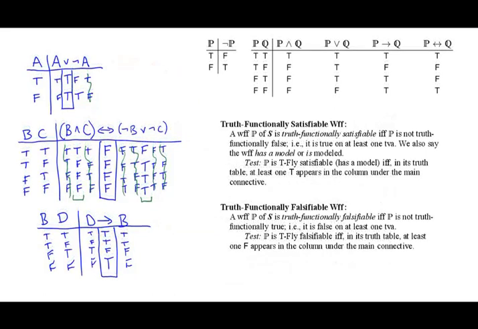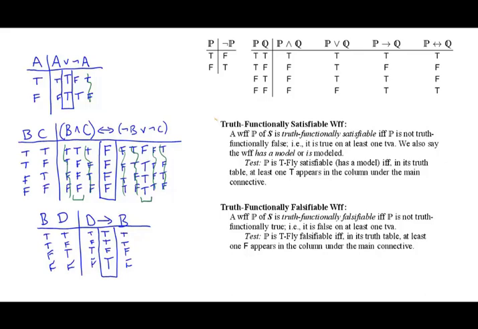There are two further definitions we'll be interested in for individual formulas as well. The first is a truth functionally satisfiable formula. A formula is satisfiable if and only if there's at least one truth value assignment that would make it true. That is, if and only if it's not truth functionally false.